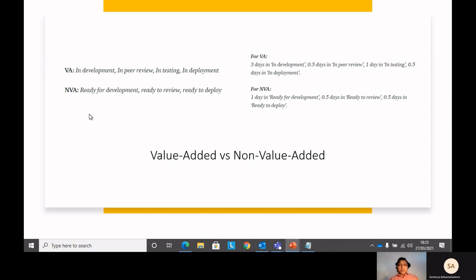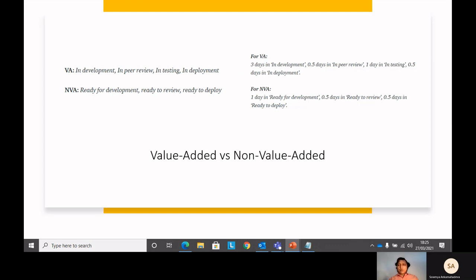Okay, so now this is a value add and non-value add item. So what is a value add and non-value add? Let's see an example. A value add is actual development, basically, when you are actually adding some value to the work you are doing. When you are doing development, you are adding value.